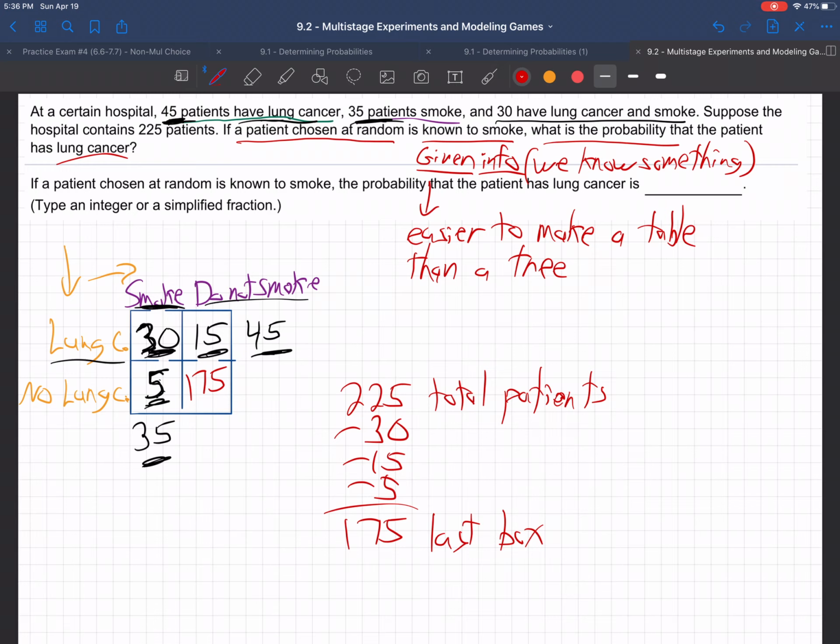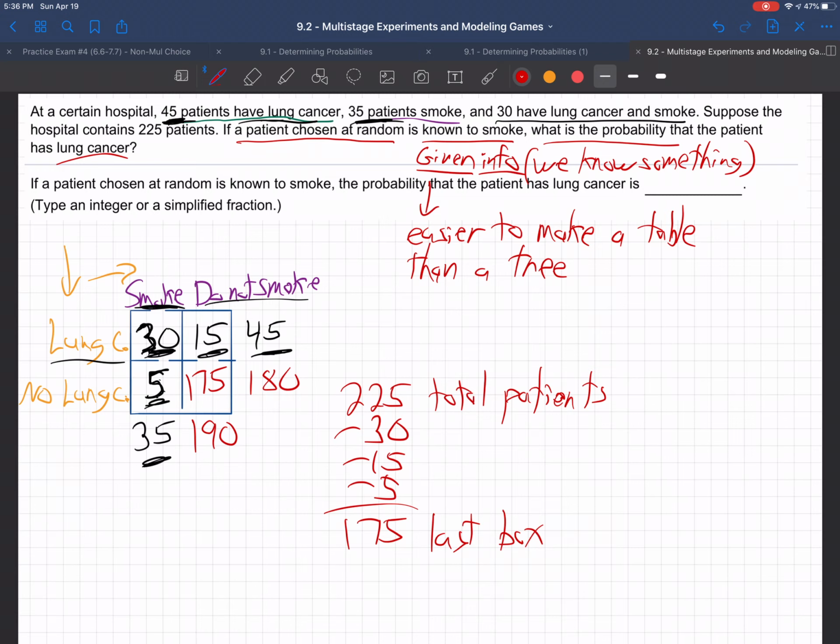So that's nice. Now I can get the totals. 5 and 175 add up to 180. And 15 and 175 make 190. Good, there we go. So there are all the totals and all the boxes.